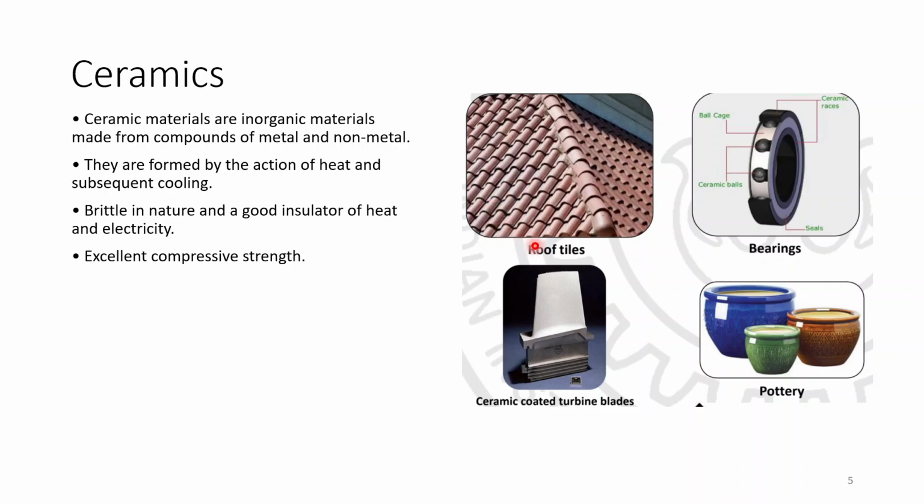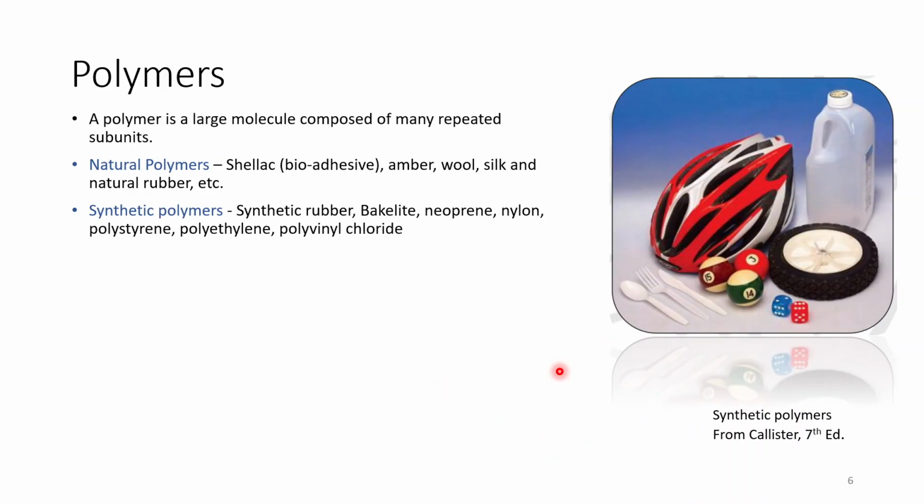Some of the applications of ceramics are in making roof tiles and bearings. For bearings, you can use silicon nitride, boron carbide and other ceramics. Ceramic coated turbine blades and pottery are all made using ceramics.